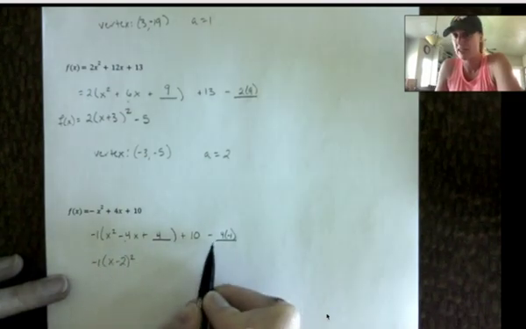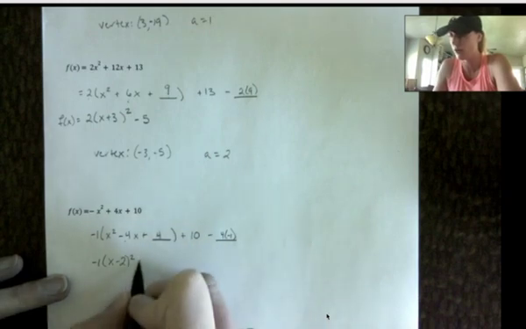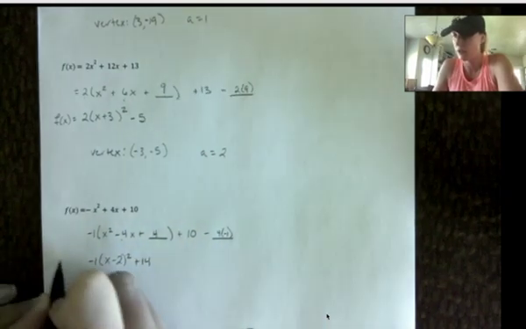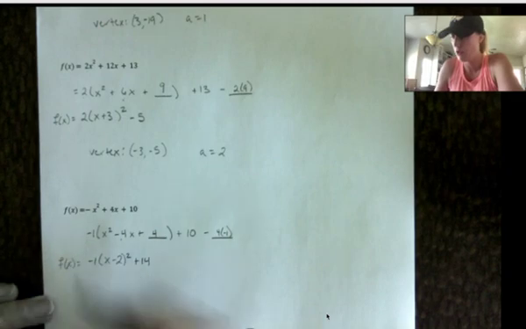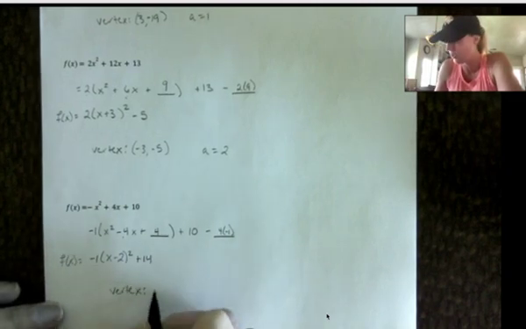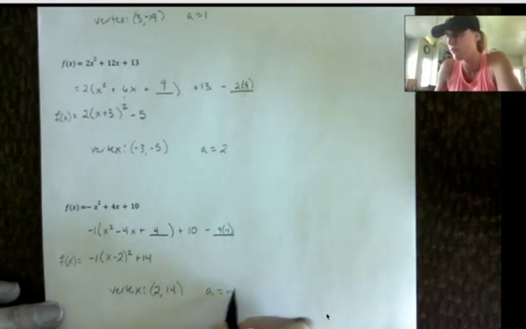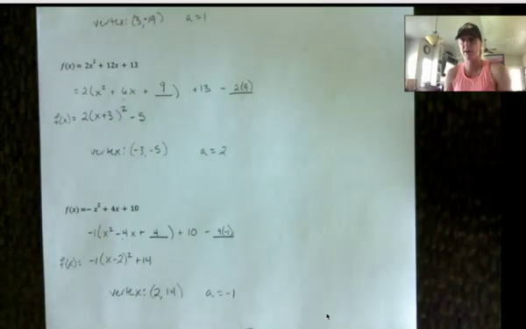Order of operations, negative 4 times negative 1 is positive 4, so 10 plus 4 is 14. So my vertex is 2, 14. And a is -1, so that means it's going to open down, but I'll still have that pattern of 1, 3, 5. All right, guys, that is it for converting to vertex form.